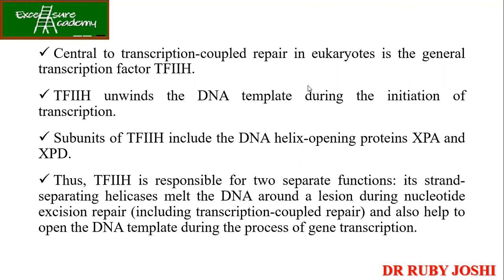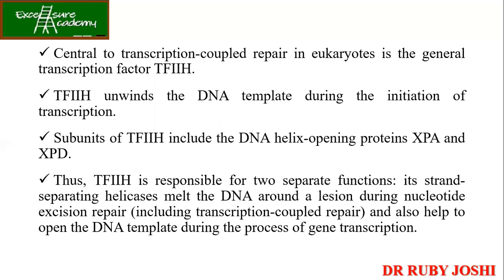And we have also discussed that NER is also helping in the transcription, which is getting stalled because of the distortion. Okay. So जहाँ पे भी RNA polymerase is getting stuck because there is a distortion in the DNA, then also it is going to recruit your NER so that it can repair the distortion.